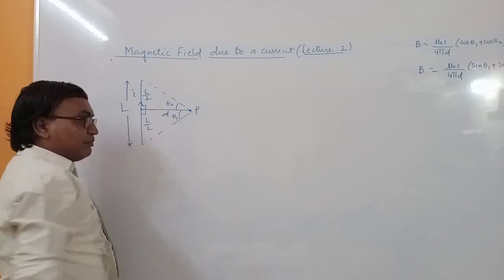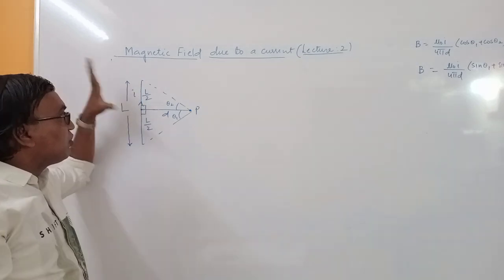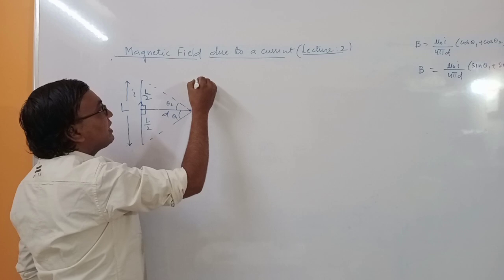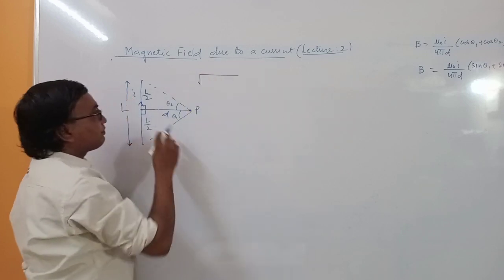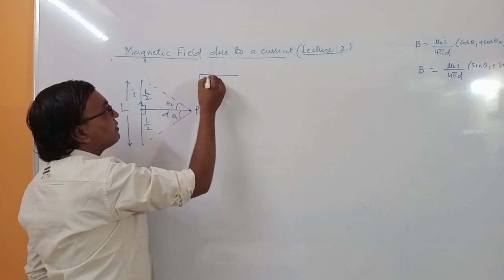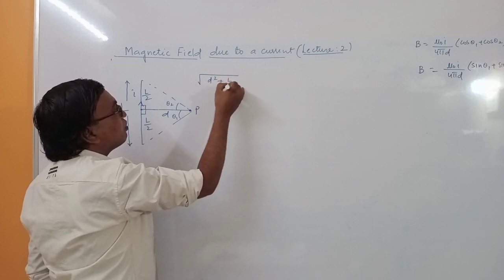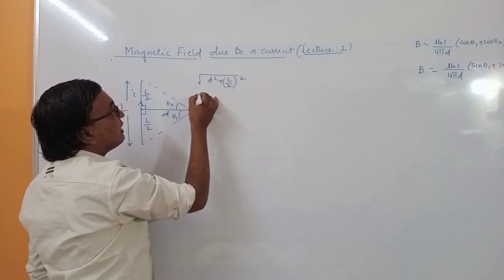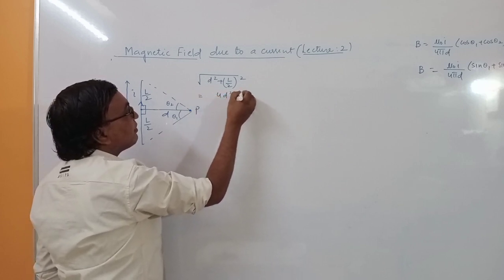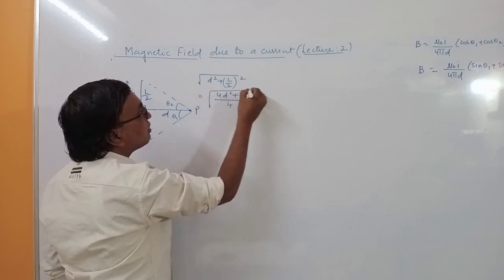Now to find the value of sin theta, you need the opposite side, which is known to you, L/2, and you need the hypotenuse. This hypotenuse will be equal to the root of opposite side square plus adjacent side square. That will be equal to d square plus L/2 whole square, which comes out to be 4d square plus L square upon 4, under root.